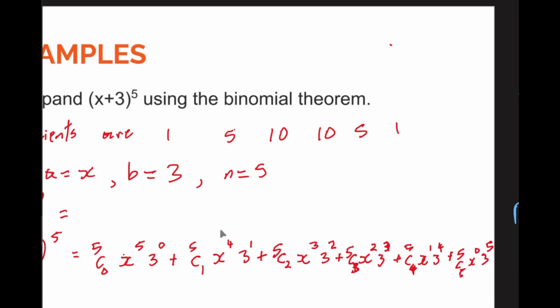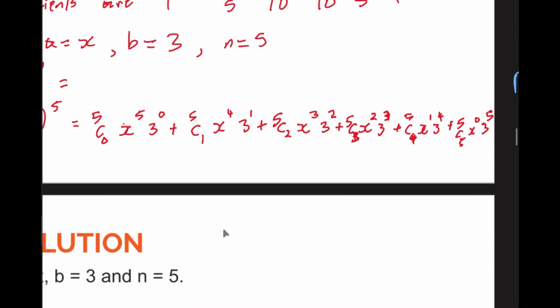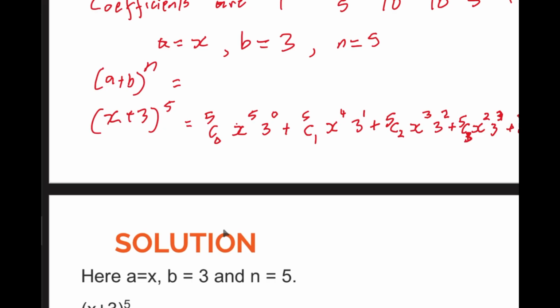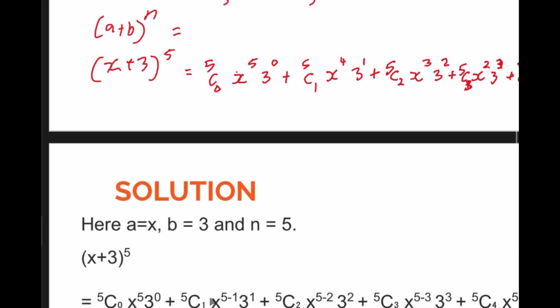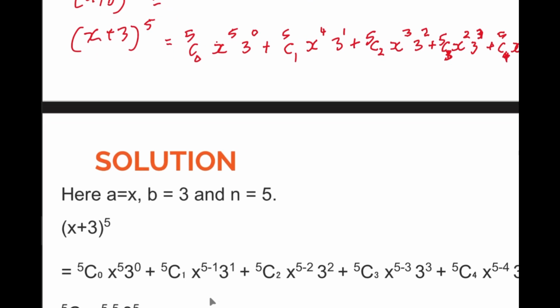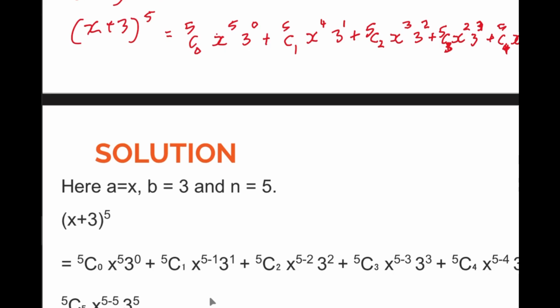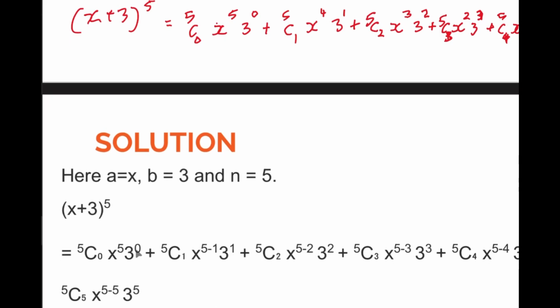All right, so let's scroll down a little bit. So we said that a was equal to x, b was equal to 3, n was equal to 5. Look at this because this is in like 2 lines. Notice here you just wrote the 5 minus 1 instead of the 4 right here.